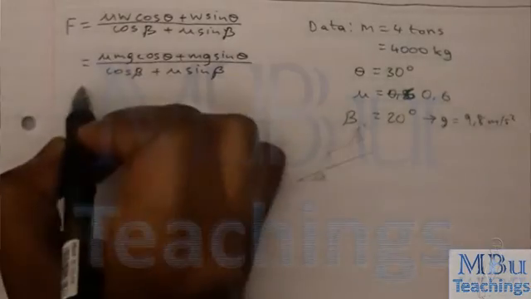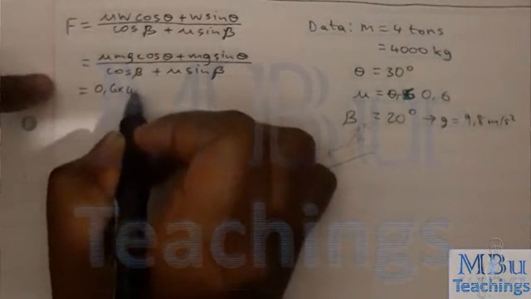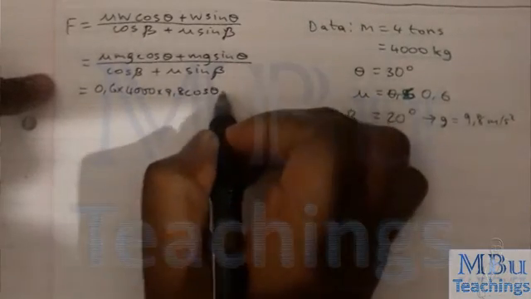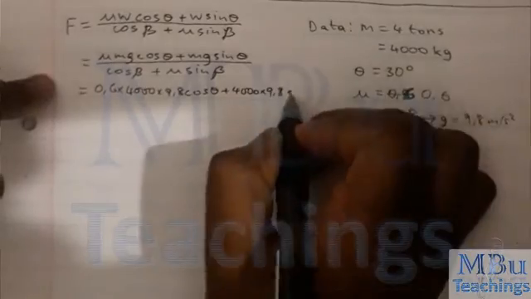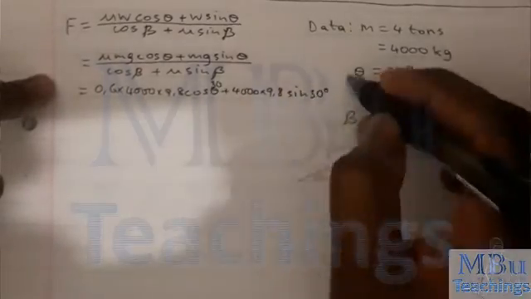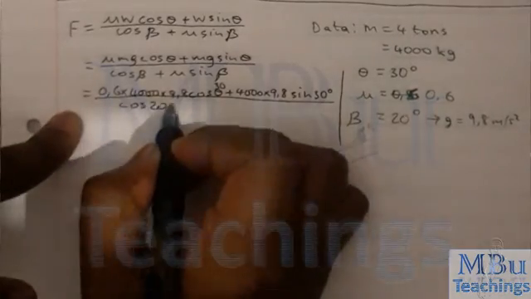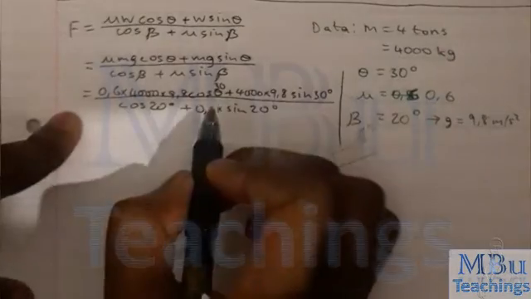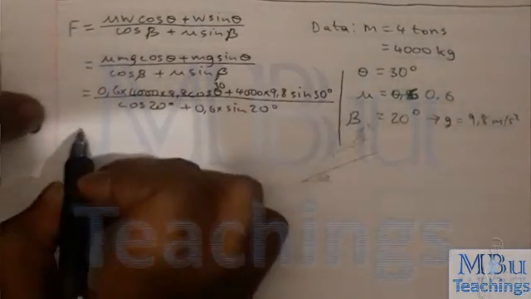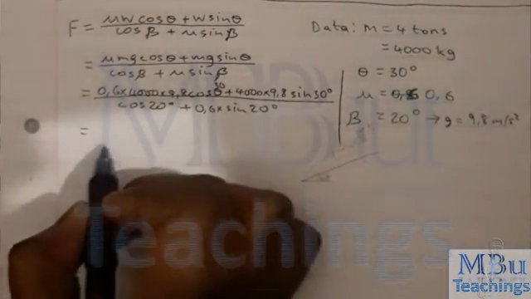Then let's do the substitution. Mu is 0.6, and the angle is 20 degrees. Then you press all of that in your calculator and you get the answer.